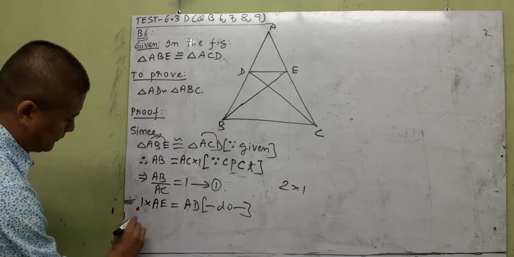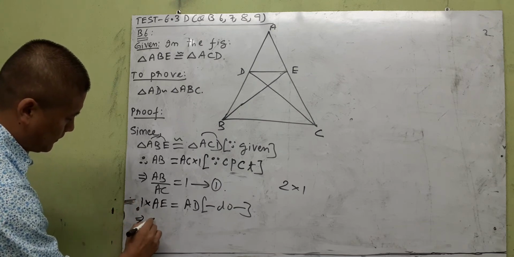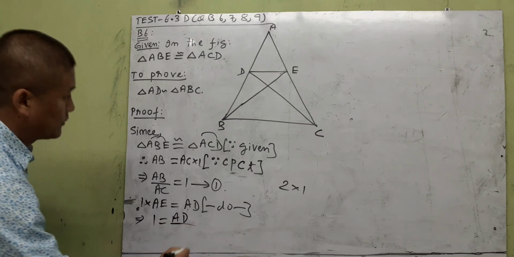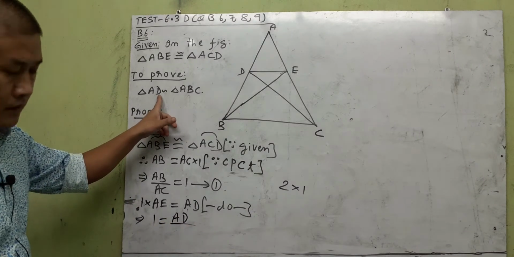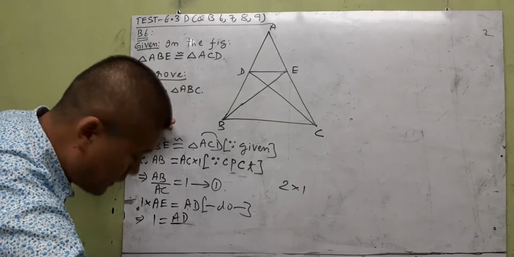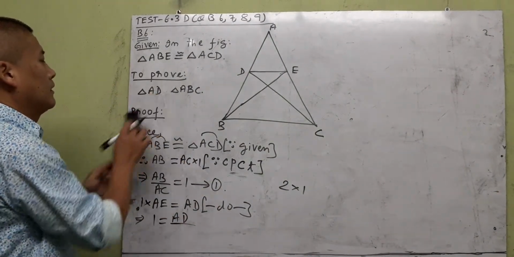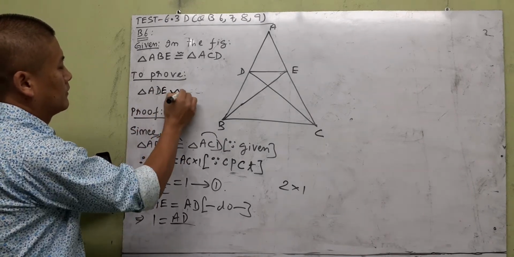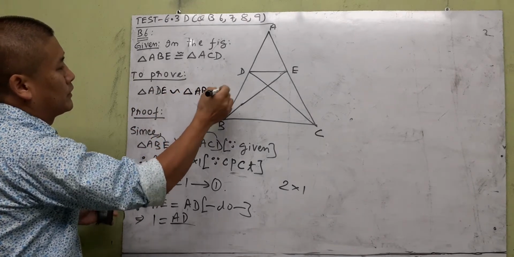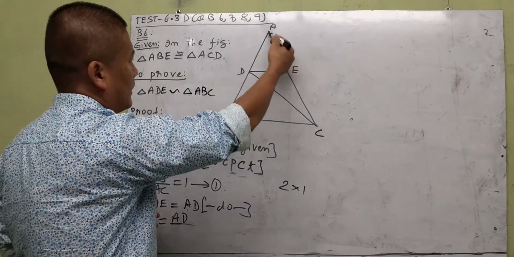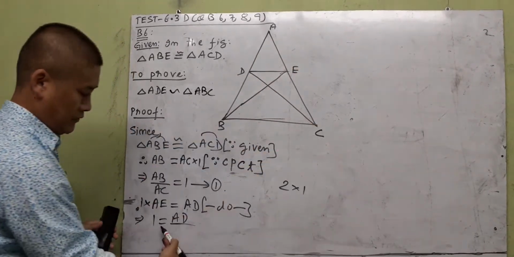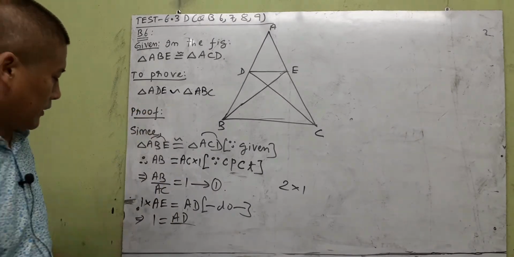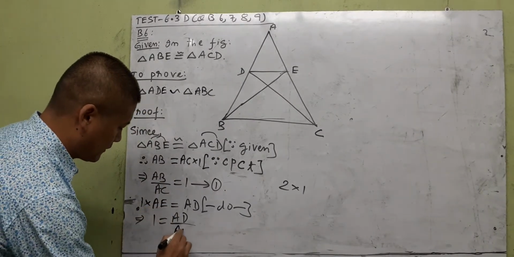So here, that gives you 1 is equal to, I like to do it like this because they have given in this order, ADE similar to triangle ABC. They are going like this, ADE, ABC. So that's why I'm arranging it to conform to this form. So AD by AE down here.